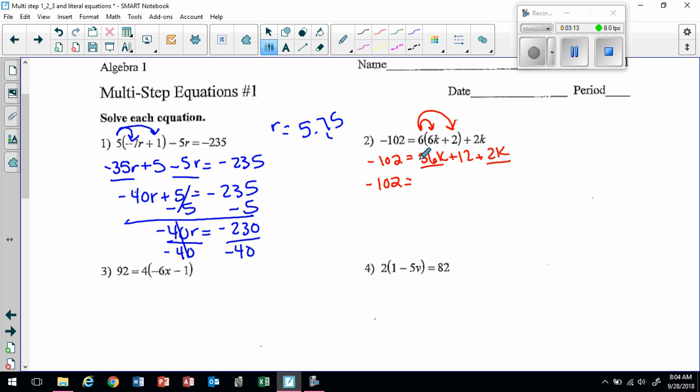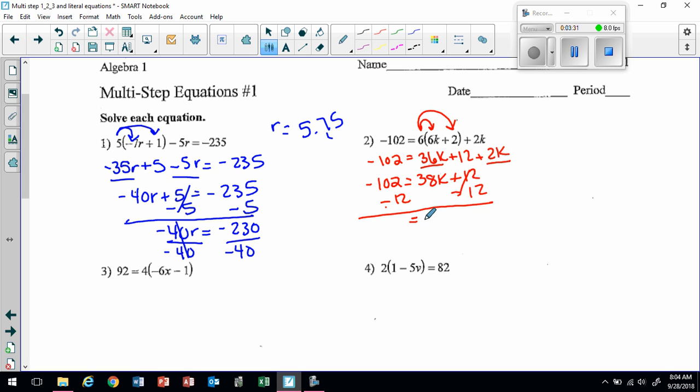My +36K plus my +2K is going to give me 38K plus 12. Now, to get my variable by itself, I subtract my 12 on both sides.